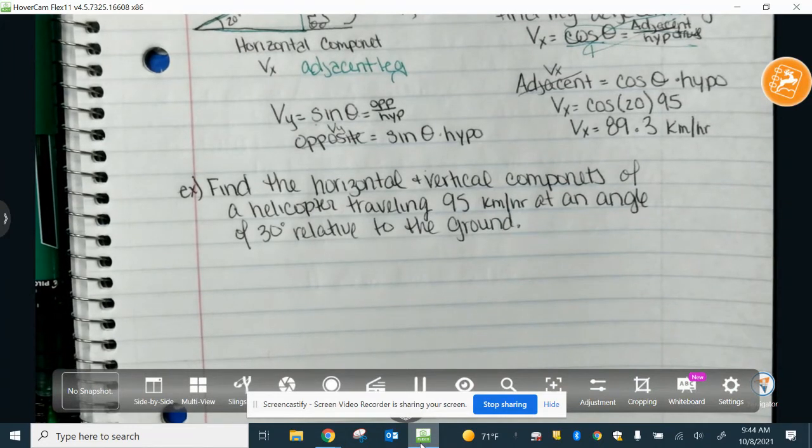All right, so again, we're going to sketch this out because with vectors, I'm expecting you to draw it out every time.